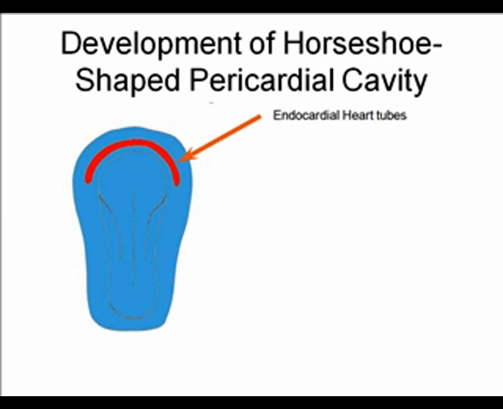The blood vessels that are forming from these hemangioblasts will initially form an endocardial heart tube, and it's a crescent-shaped structure in a precephalic location. That is, it's in front of the developing brain and in front of the oral plate.